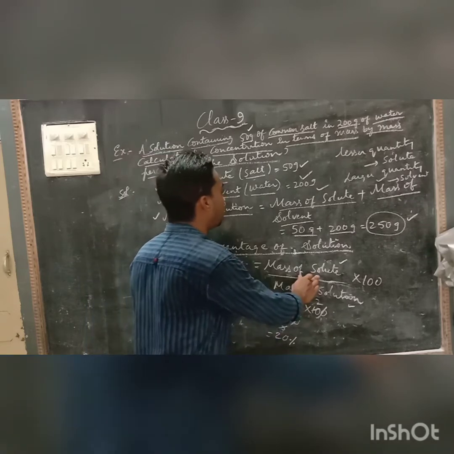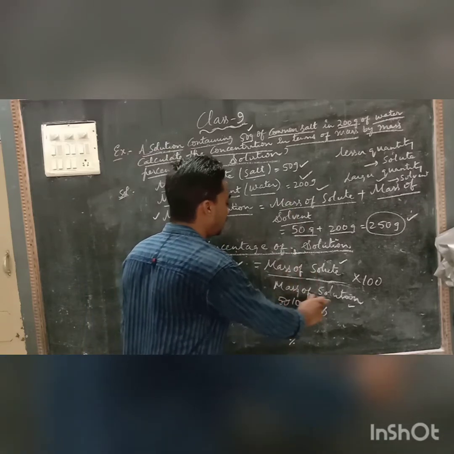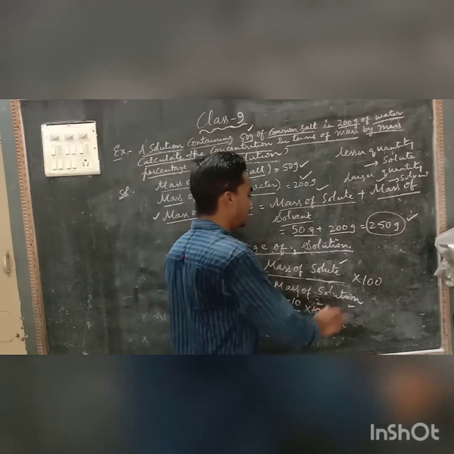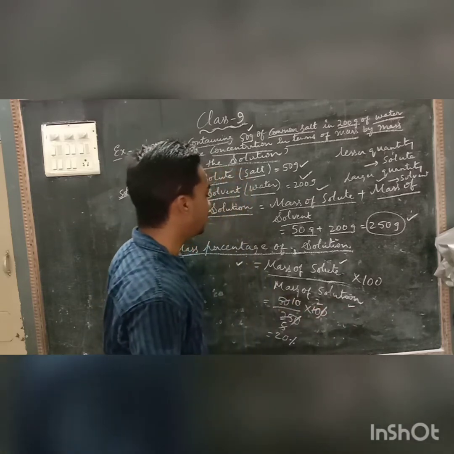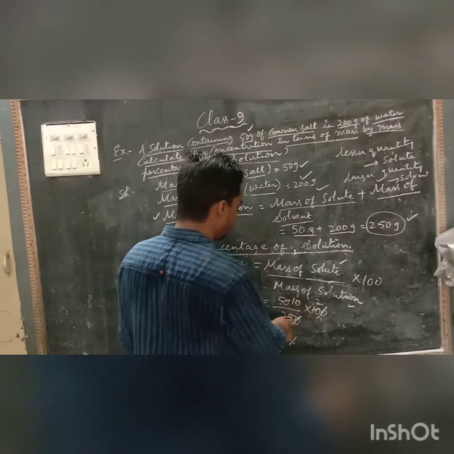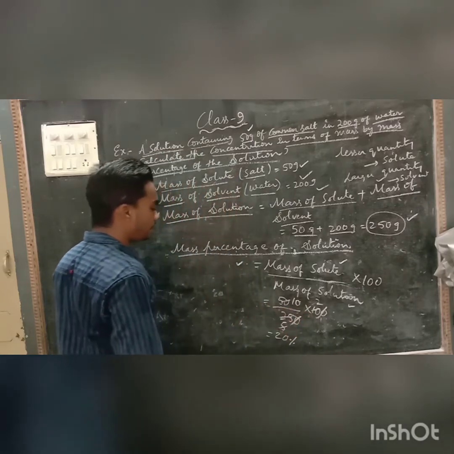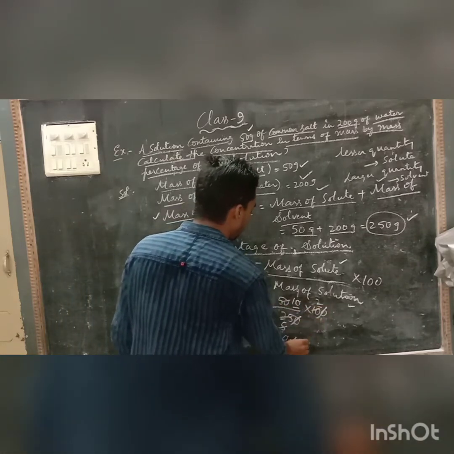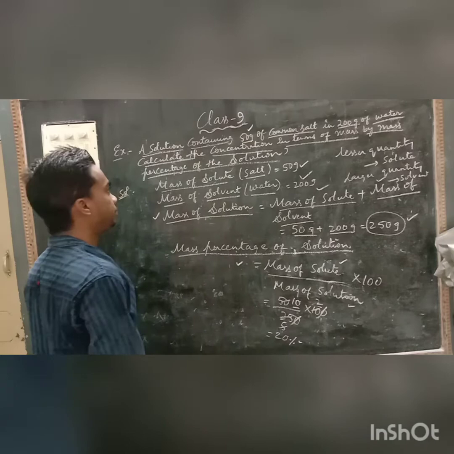Mass of solute value is 50 grams, by mass of solution, 250 grams, into 100. Why? Because we are calculating the percentage. 50 by 250 into 100, the 0 will be cancelled. 5 twos are 10, 5 fives are 25, so the remaining 10 into 2 will be your 20%.